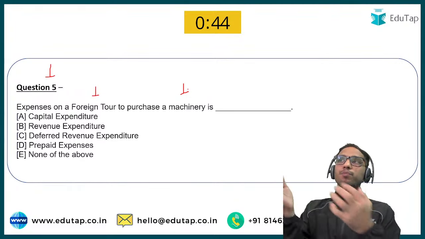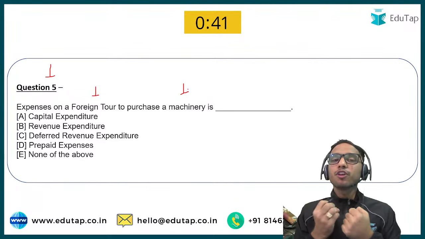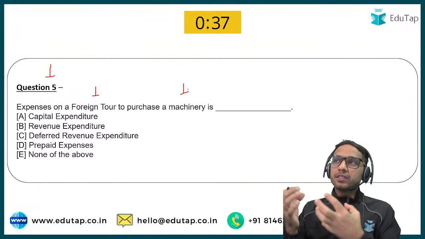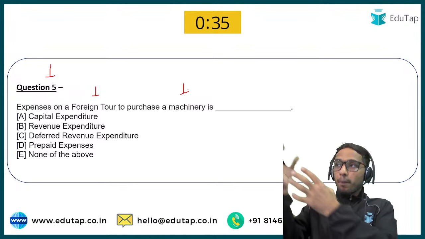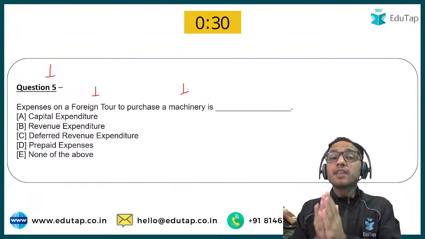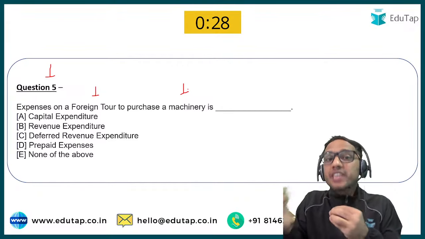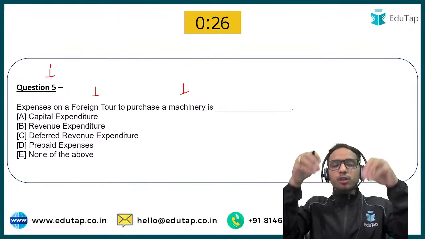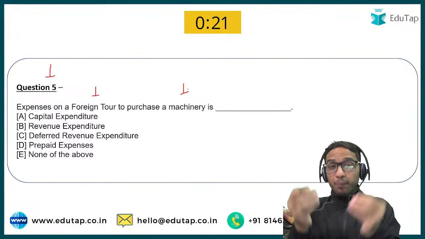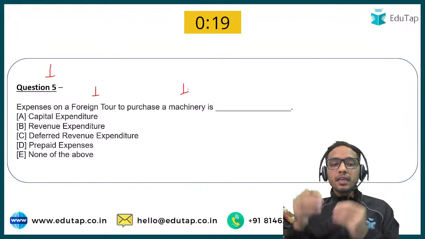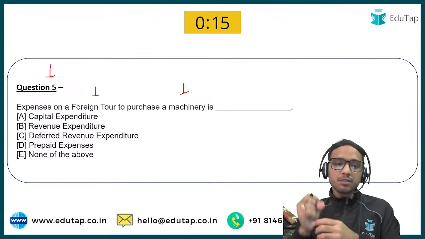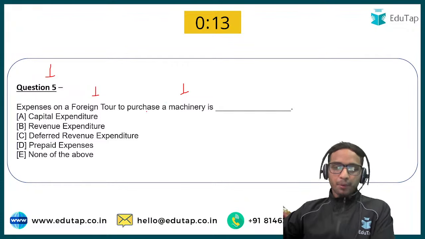I have told you, if you buy machinery for your business, all the expenses you have incurred to bring that machinery into the desired location and condition as intended by the management to be able to use it must be included in the cost of the machinery. That must be included in the capital expenditure, right? So the question is saying expenses on a foreign tour to purchase the machinery.